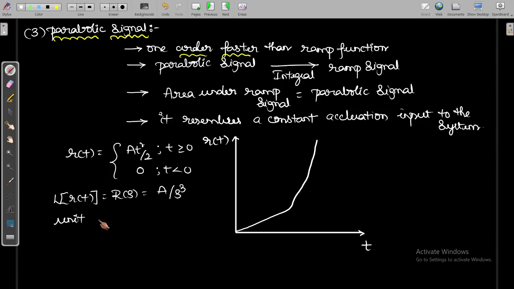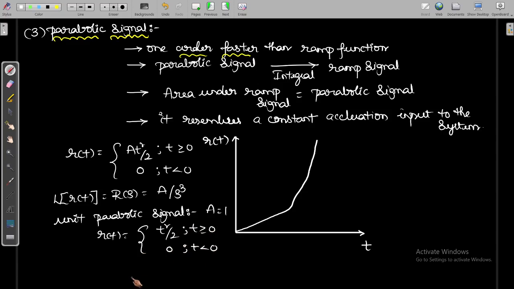Then A will become 1, so r of t is simply t square by 2 for t greater than or equal to 0, and 0 for t less than 0. The Laplace transform R of s is equal to 1 by s cube. This is the Laplace transform of the parabolic signal.